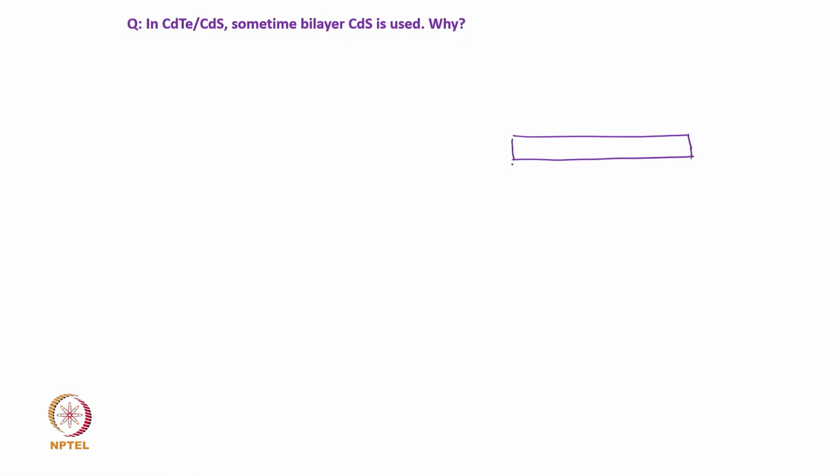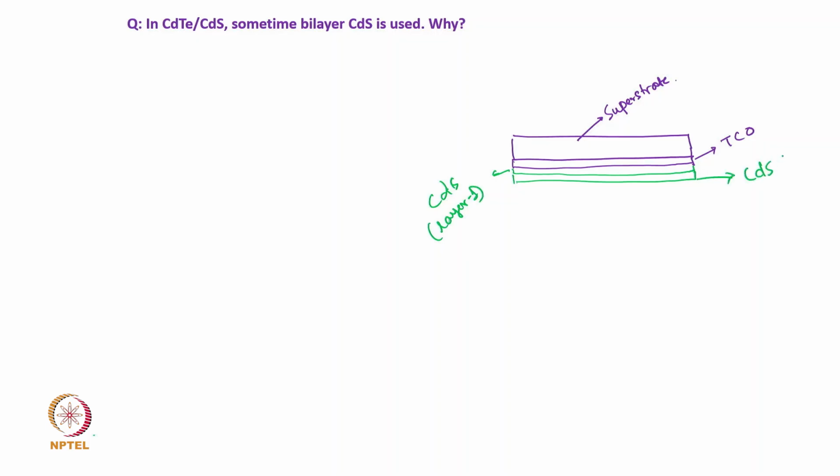So, this is the superstrate, and after that we have TCO, then you can have two layers of CdS, CdS one layer, then you have a relatively thicker CdTe layer, followed by the back contact.